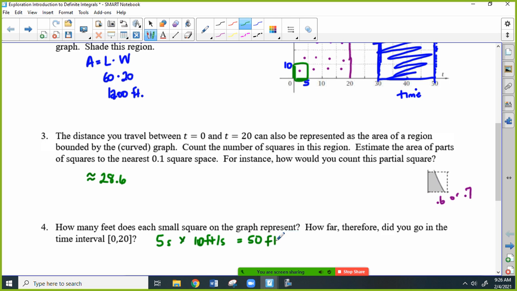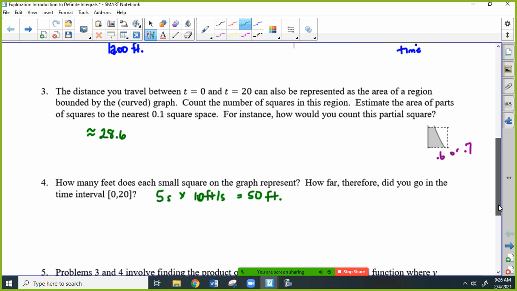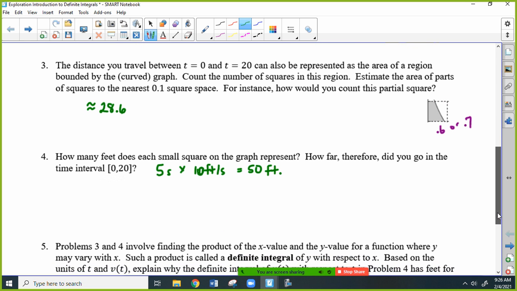So now I want to know how far we went in the time interval that we used in number 3. From 0 to 20 seconds, if each block represents 50 feet, approximately how far did we go in that 20 seconds?